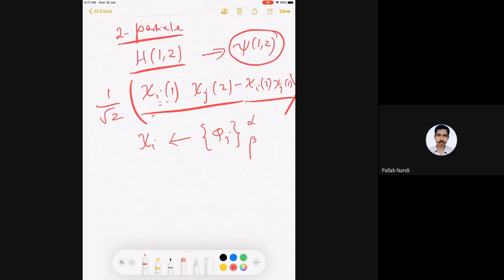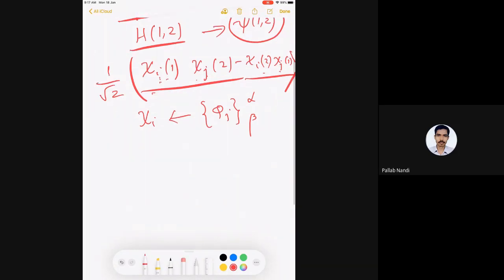As you can see clearly, if i is equal to j, this term and this term become identical despite interchange, and the entire wave function becomes zero. So obviously this is not allowed. We have to make sure that the spin orbitals are different, and this is also the content of the Pauli exclusion principle.